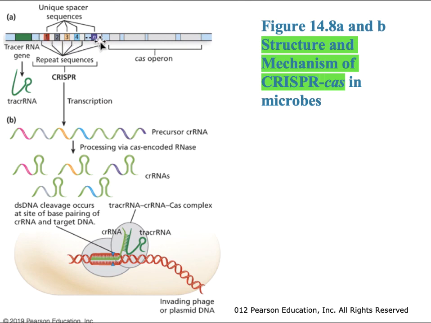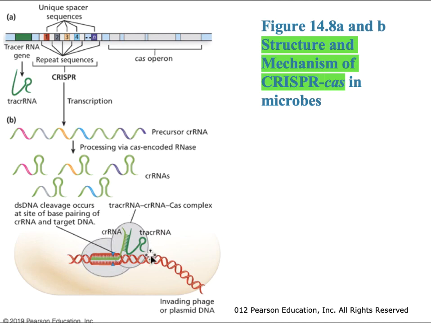And when that region is transcribed, it produces a precursor CRISPR RNA, which is then cut by endogenous RNAs into the right length. And these are then combined with the tracer RNA and loaded onto the protein, the Cas9 protein, which is made from one of these genes here.